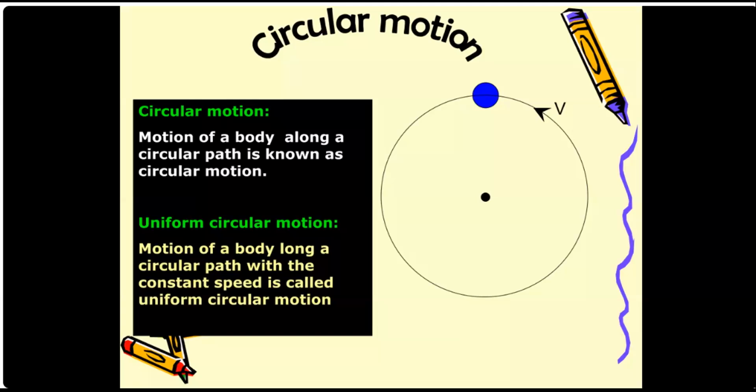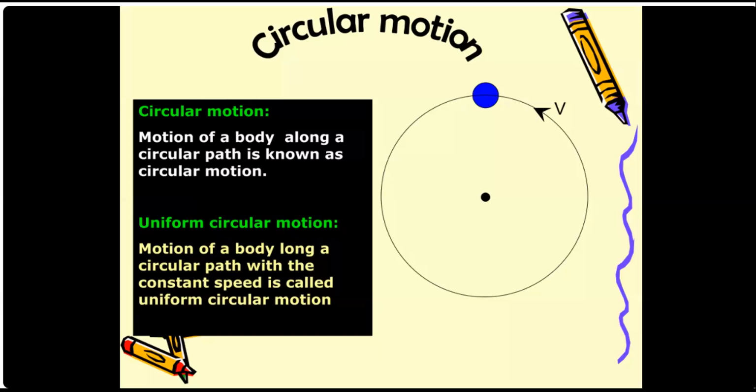That's why we say uniform circular motion. We don't want to complicate it and make the speed around this point variable, or else things get very, very complicated.